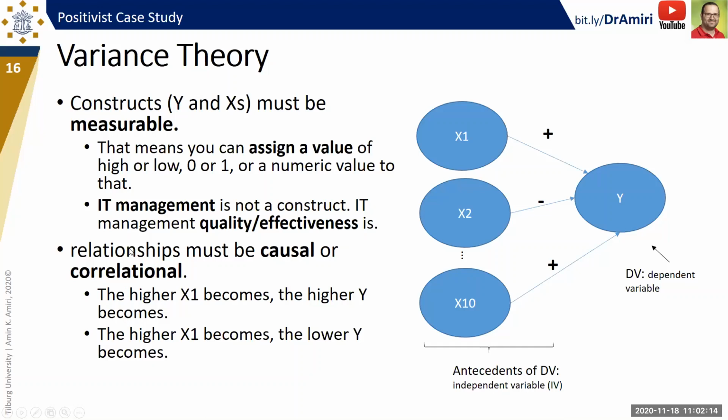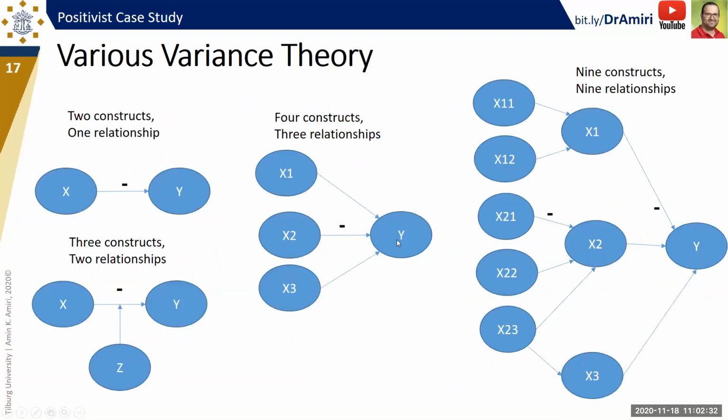And the positivist variance theory has relationships that are either causal or correlational. Improving X1 means Y will be improved. Improving X2 means the value of Y will be decreased. And you can have various types of variance theory.